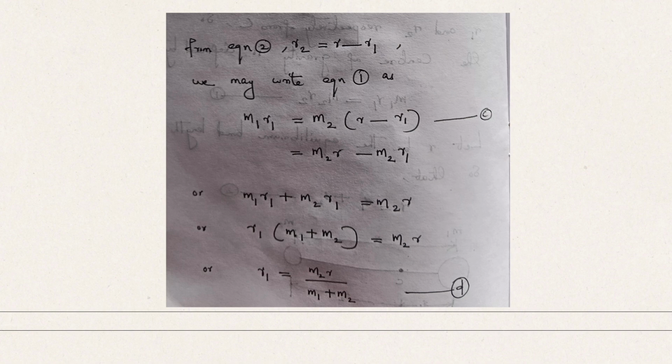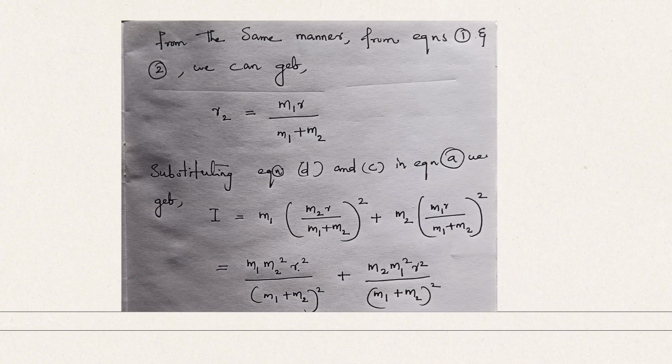Or we can write m1 r1 + m2 r1 = m2 r, or r1 (m1 + m2) = m2 r, or r1 = m2 r / (m1 + m2). This is equation D. In the same manner, from equations 1 and 2, we can get r2 = m1 r / (m1 + m2).